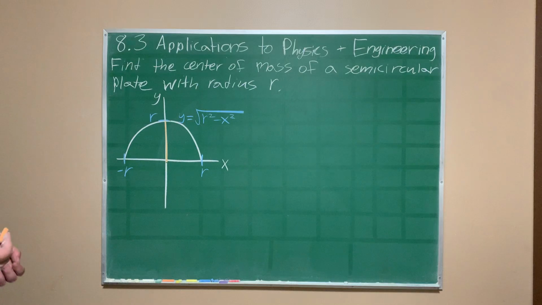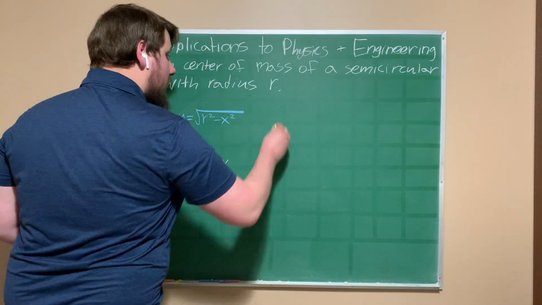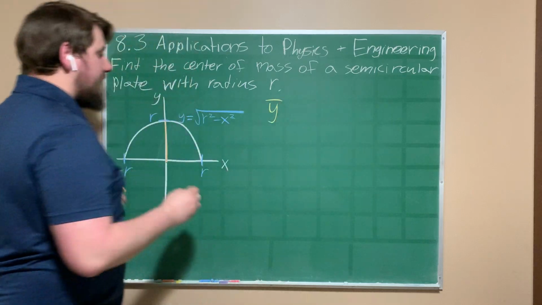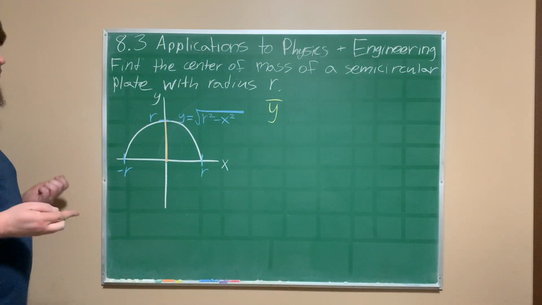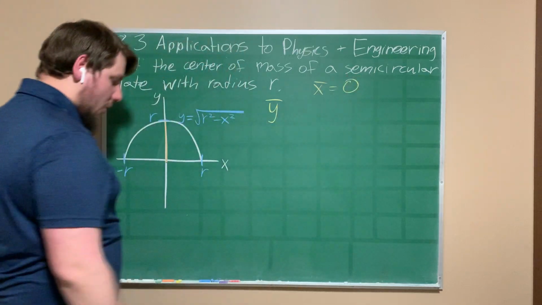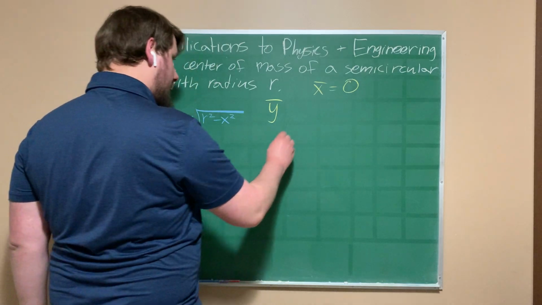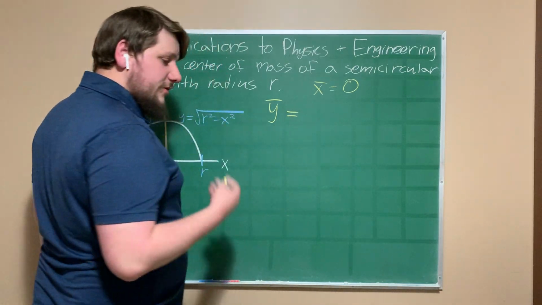So what we're really interested in is y bar, the y coordinate of the centroid here. We're pretty sure just by looking at this that x bar is equal to 0. So how about y bar? Well, in order to find y bar, we are going to take two integrals and divide them.